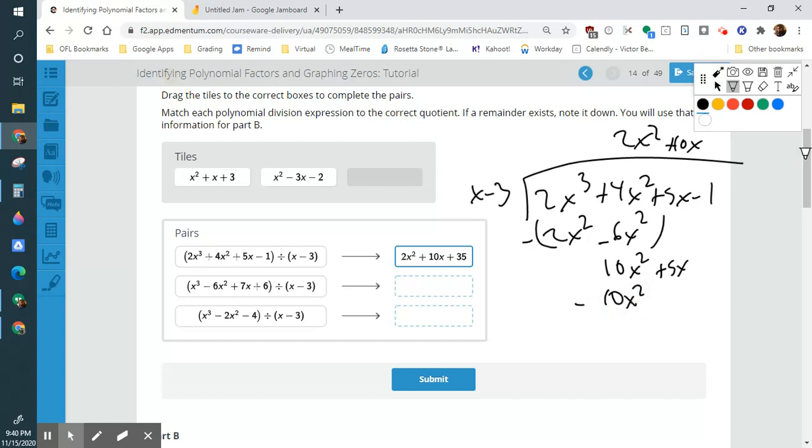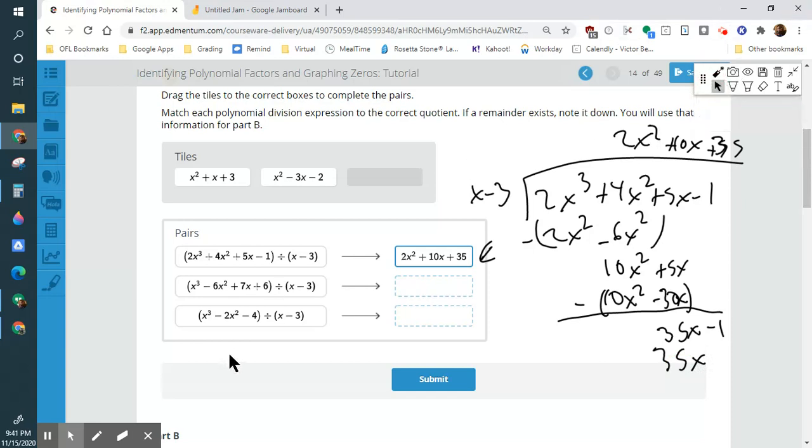10x squared minus negative 30x becomes a positive, so this is 35x minus 1 becomes positive 35, which is what we got here, obviously. This is 35x. Oof.